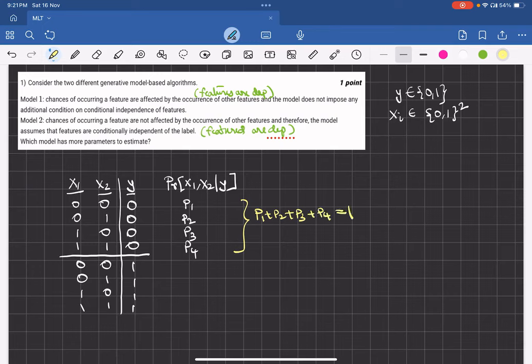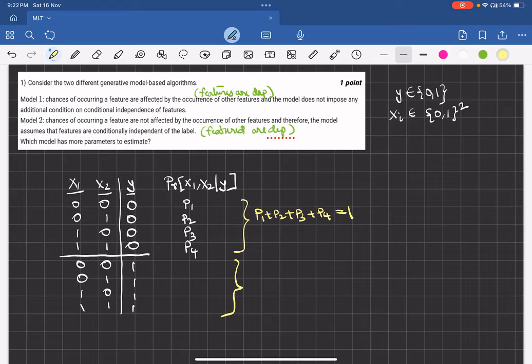Because given y equal to 0, these are the only possible values of x1 and x2 that you can ever obtain. They form a mutually exclusive and exhaustive set, which means the sum of the probabilities will be equal to 1. Similarly, in the second case, where y is equal to 1, the probabilities will also sum to 1.